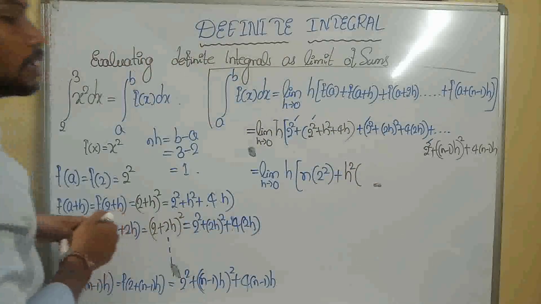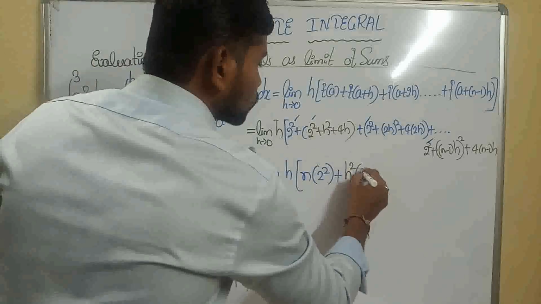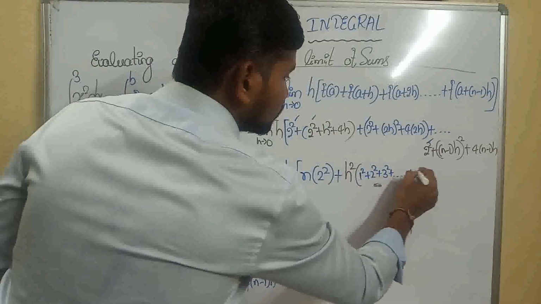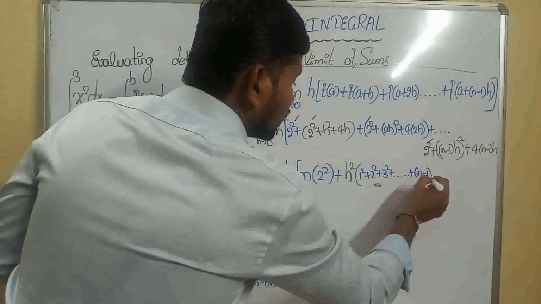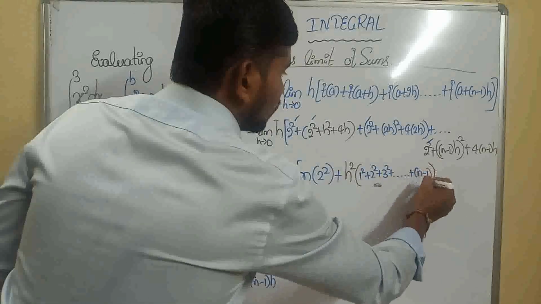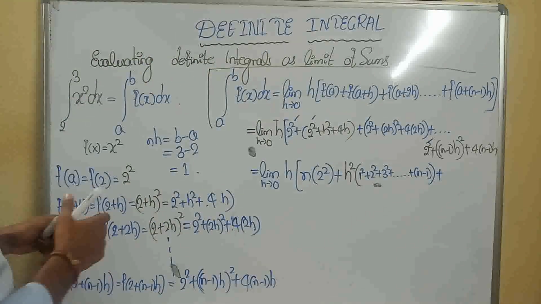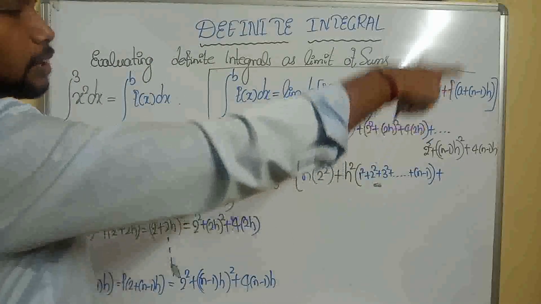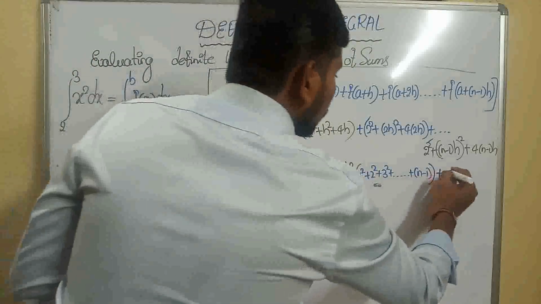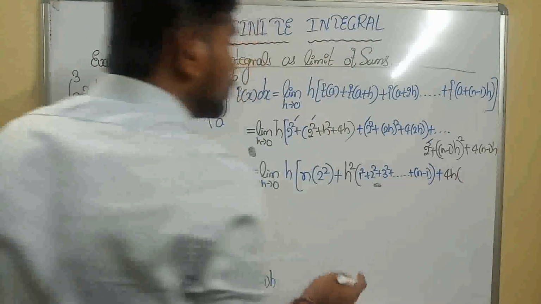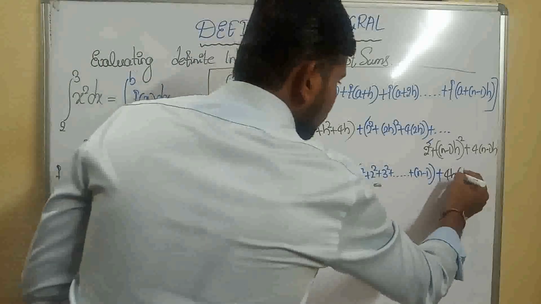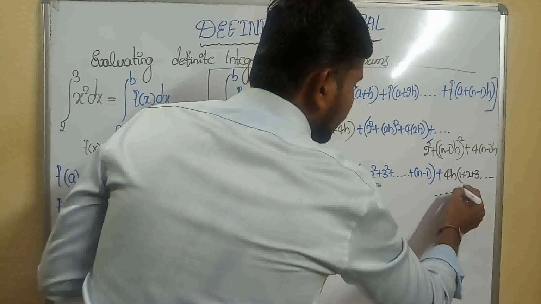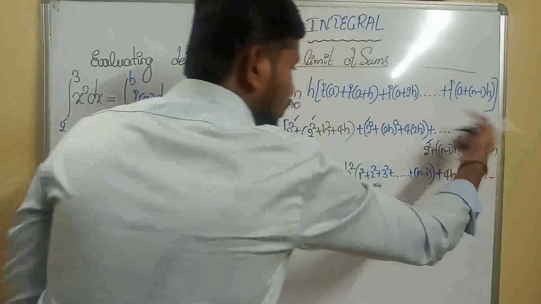The remaining terms are 1 square, 2 square, 3 square, so on up to (n minus 1) square. Plus next, 4h, 4 into 2h, 4 into 3h, up to 4 into (n minus 1) into h, means 4h is common. The remaining terms are 1 plus 2 plus 3 plus so on up to n minus 1. 4h is outside.